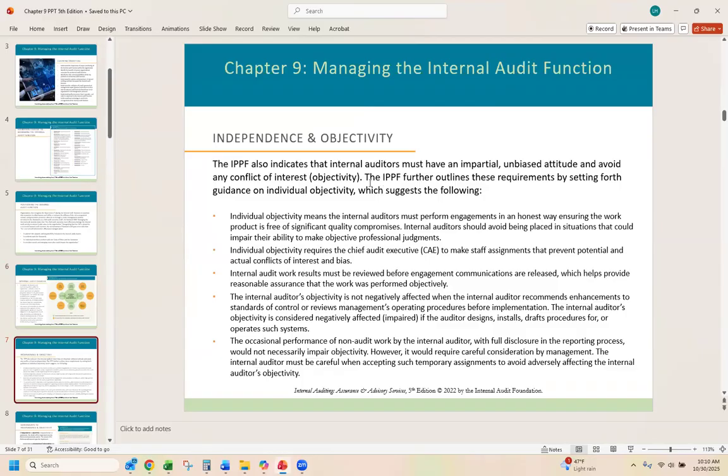Okay, so independence and objectivity. I think they were in one of the yellow bubbles on the prior sheet. I know we've talked about this, but externally, you have to be truly independent. That means no financial investments, and even things like having a romantic relationship with someone at a client site.